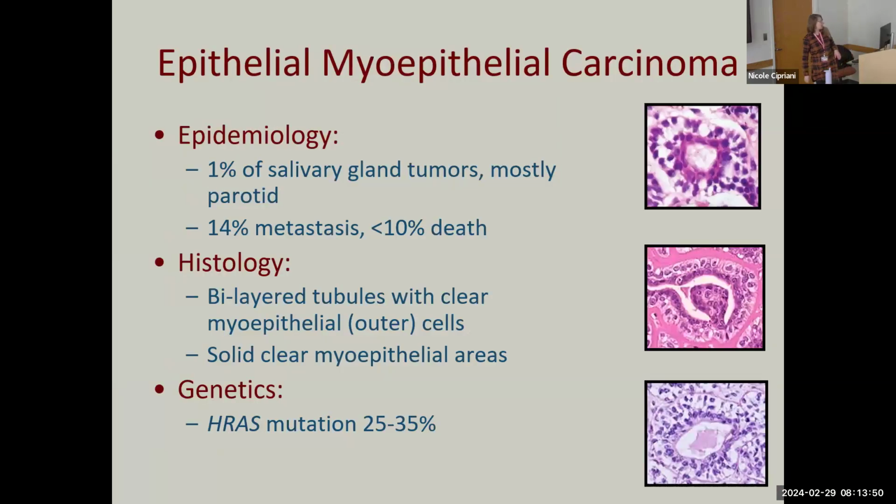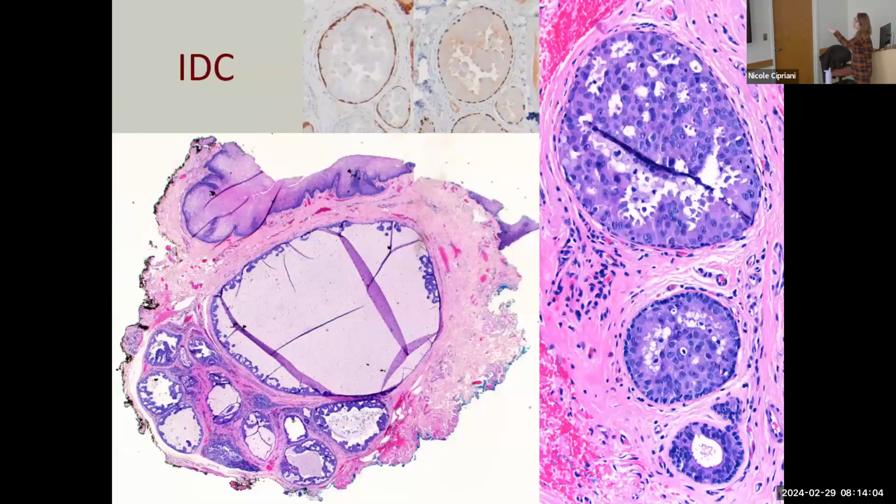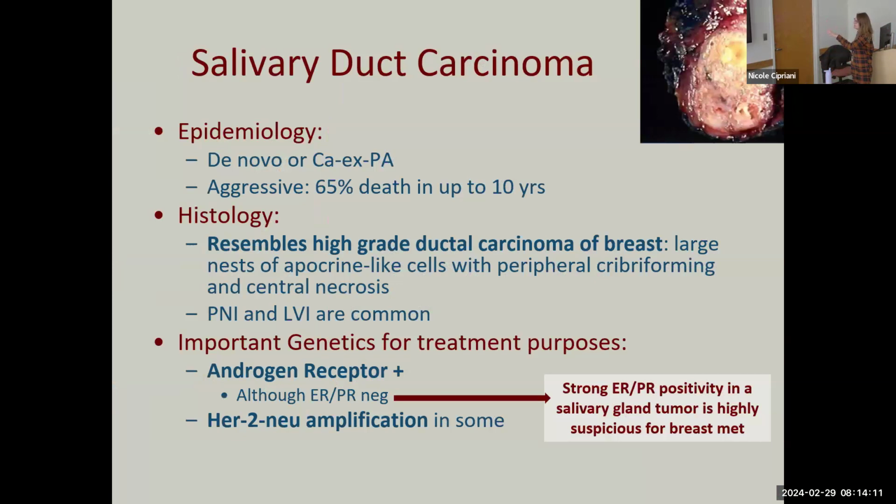Okay. And epithelial-myoepithelial carcinoma. So this is another one. In addition to, what else did we talk about? Adenoid cystic, right? In which the epithelial and the myoepithelial cell components are part of the tumor, right? So rather than this one, right, in which it's thought that the myoepithelial cells are benign bystanders.